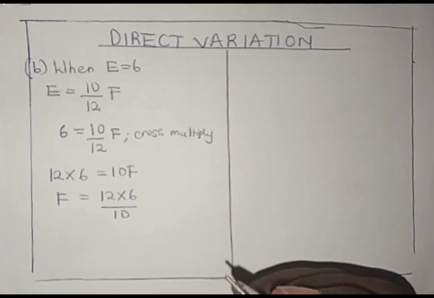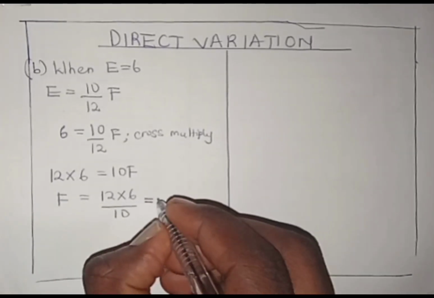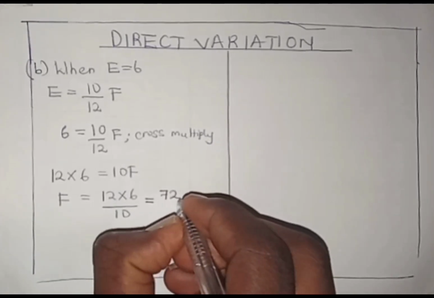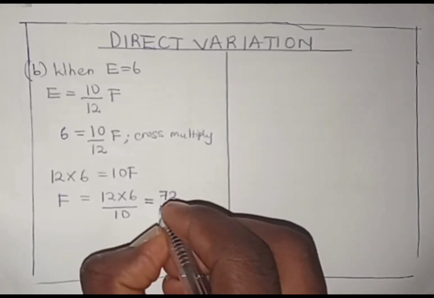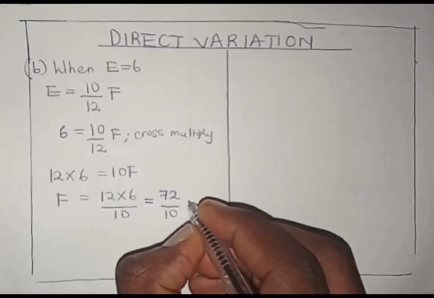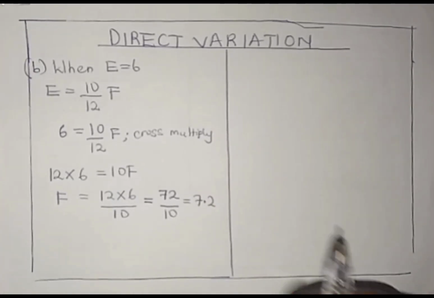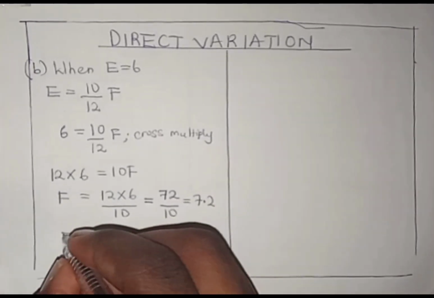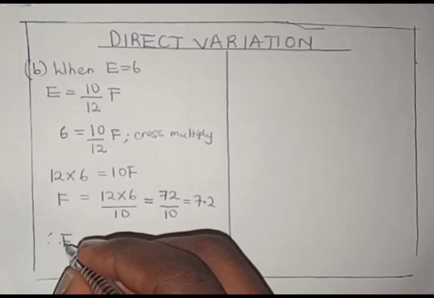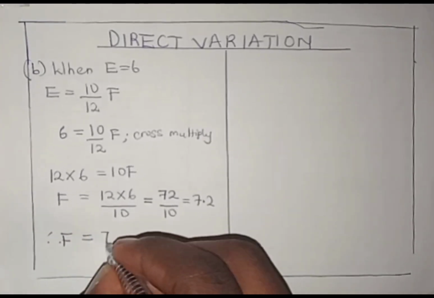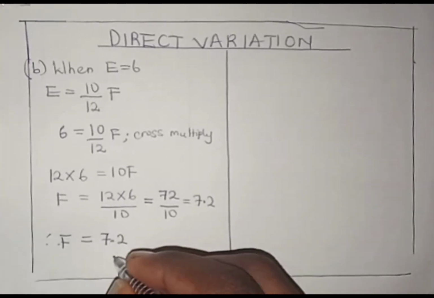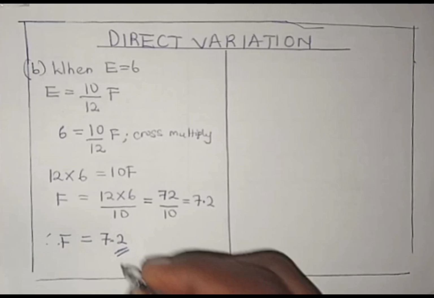So 12 times 6 is equal to 72, and 72 divided by 10 will be equal to 7.2. So when E is equal to 6, F will therefore be equal to 7.2, and that is our final answer.